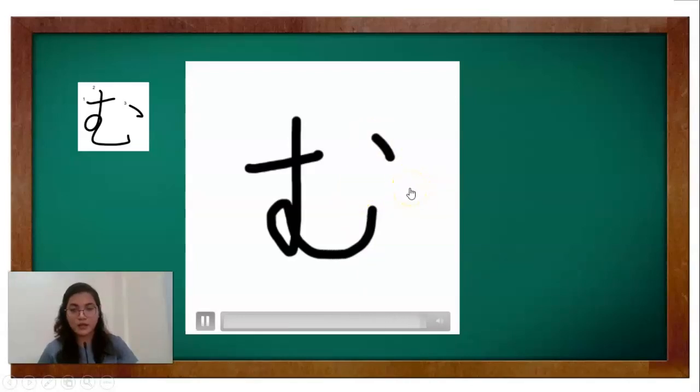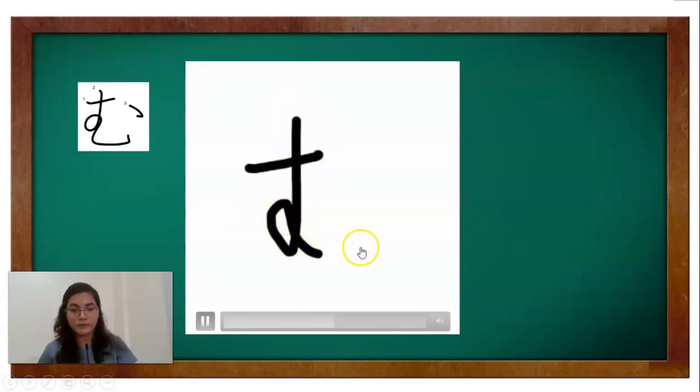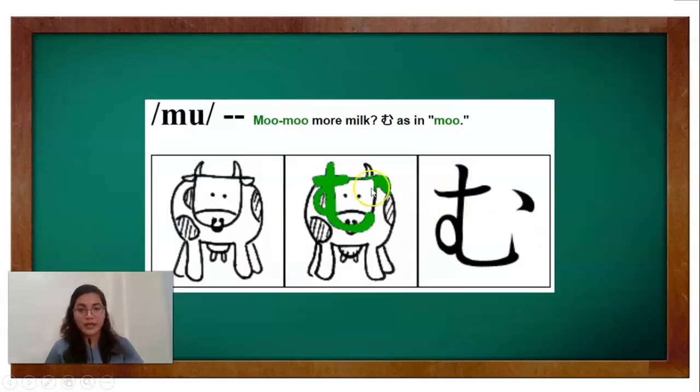Okay, let's start again. 1, 2, and 3. Okay, and to think easily about this character, just imagine mu as in moo.